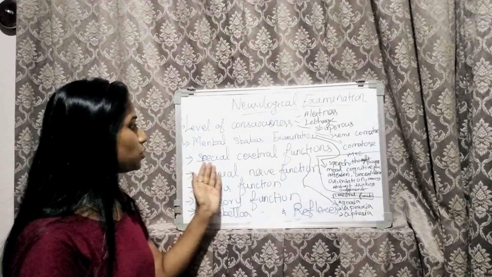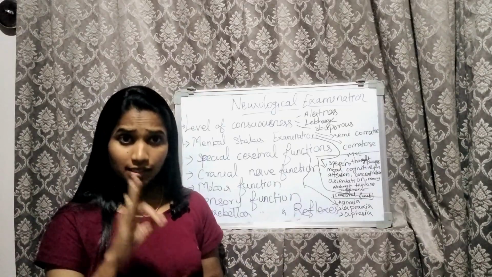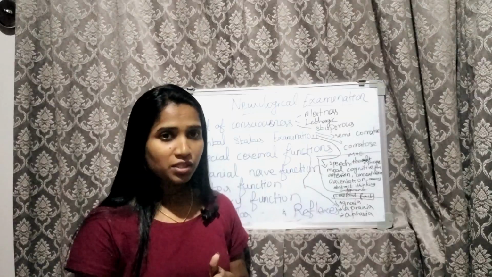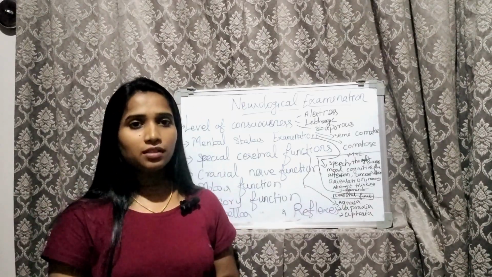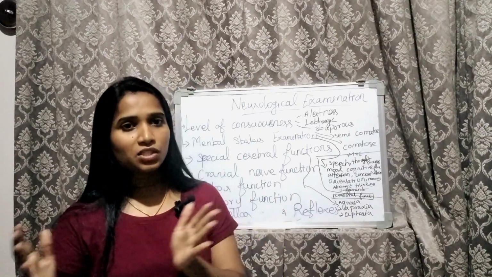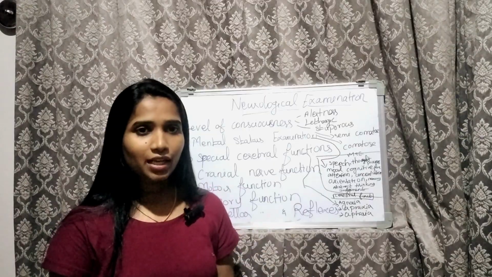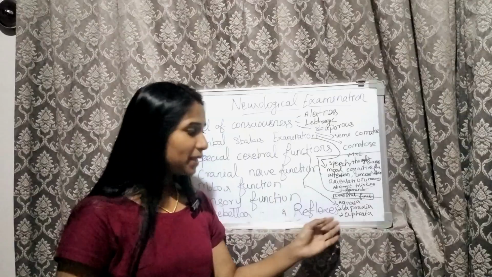Then next you should go for a cerebral function. In the cerebral function you need to assess three things. First you have to assess agnosia. How do you assess agnosia? You have to show some common object to the person. If they are recognizing it, then it will be okay. If they can't recognize it, then the person may have agnosia. Then apraxia.